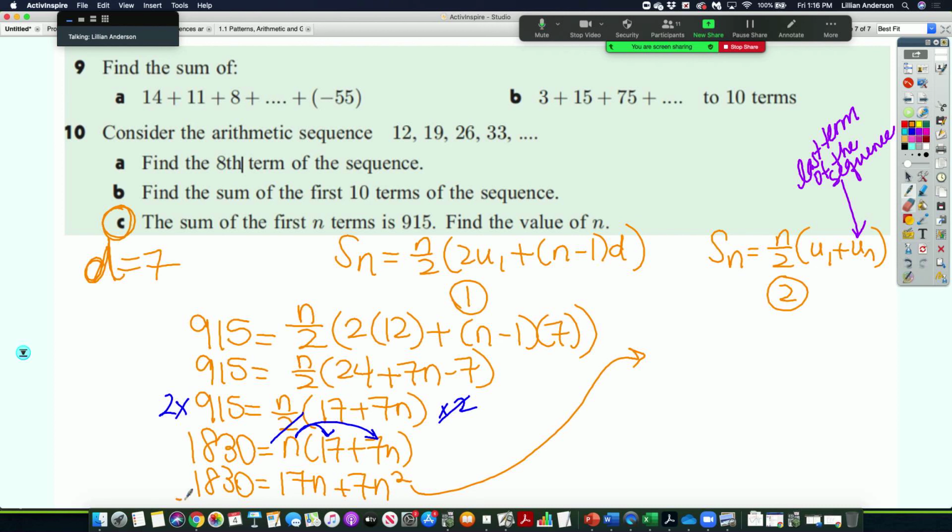So I'm going to subtract 1830 to the other side, and I'm going to put it in order like how a quadratic normally is. So that's going to be 0 equals 7n squared plus 17n minus 1830. Okay?